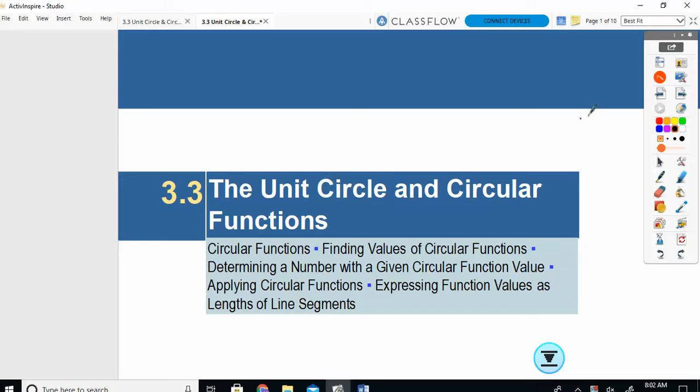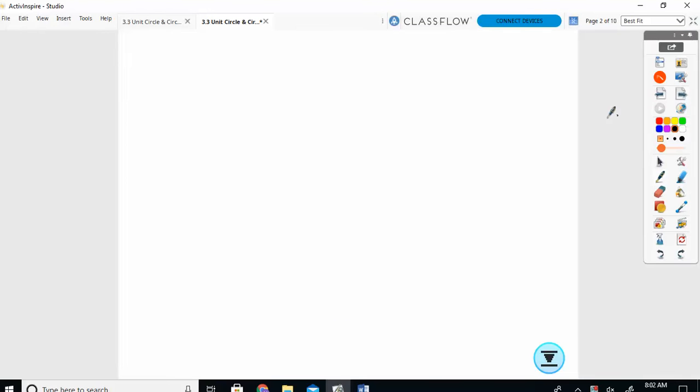We know when I talk about a unit circle, that's a circle with a radius of what? In a unit circle, the radius is just 1. So this is a special circle that we're looking at.